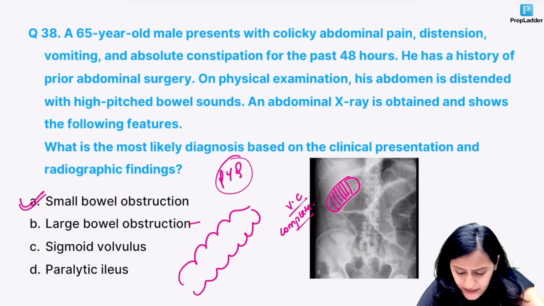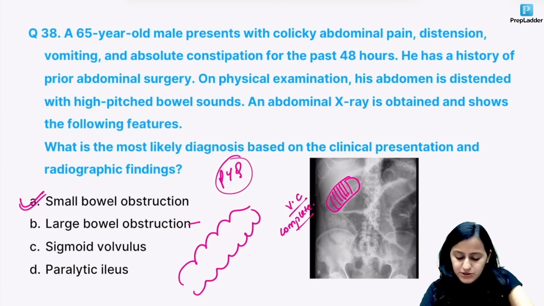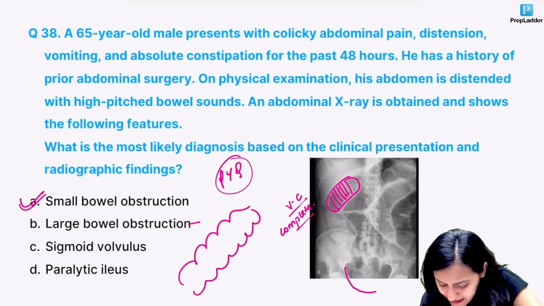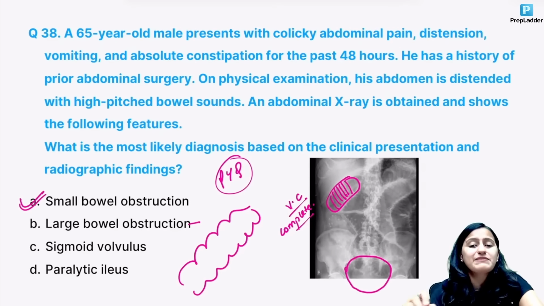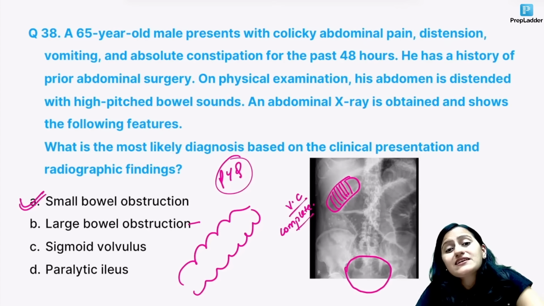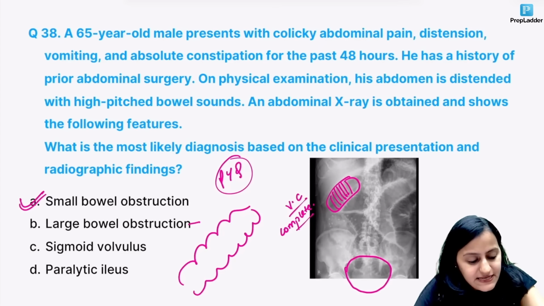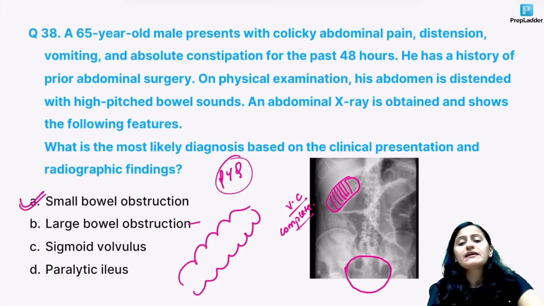Okay. So what is the most likely diagnosis based on the clinical presentation? Honestly, in this image, what you should have been given is the complete pelvis image, to differentiate whether it is actually the bowel obstruction or it is the paralytic ileus. So see what will happen in paralytic ileus.